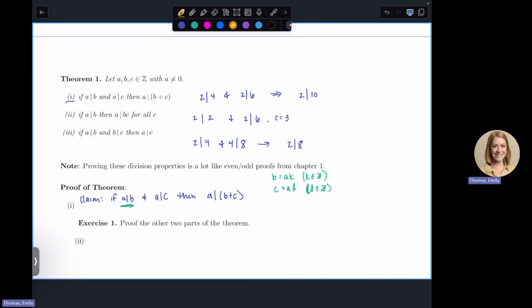So for A to divide B plus C, what we want to show is that B plus C is equal to A times an integer. That's the definition of divides, yeah? The definition of A dividing B plus C means that B plus C is some integer multiple of A. So what do you see that we should do to get to that point?